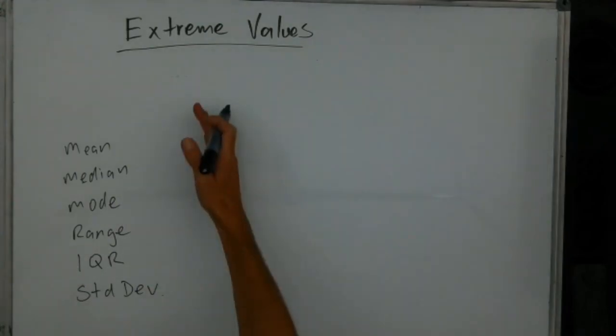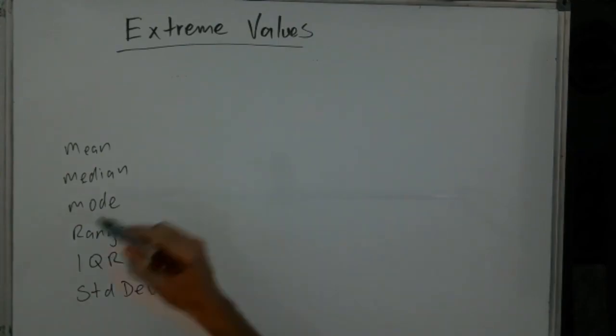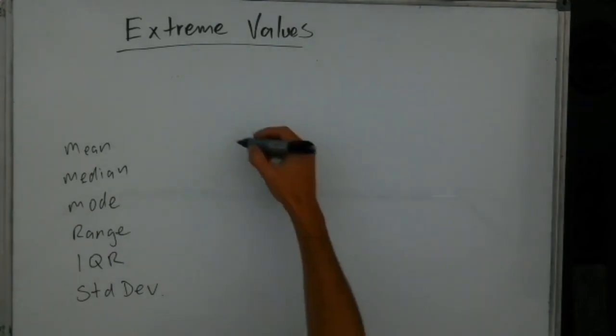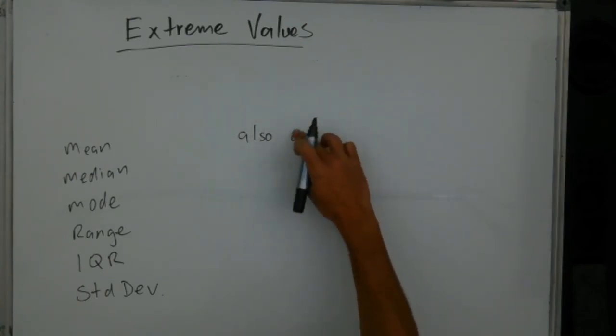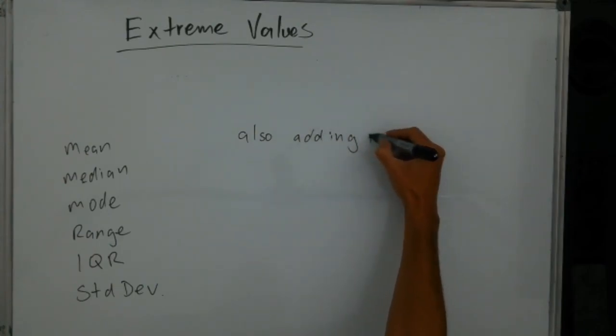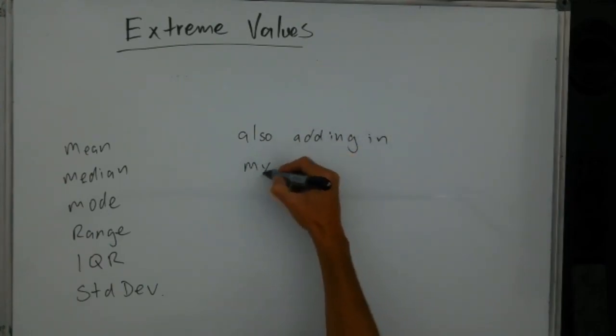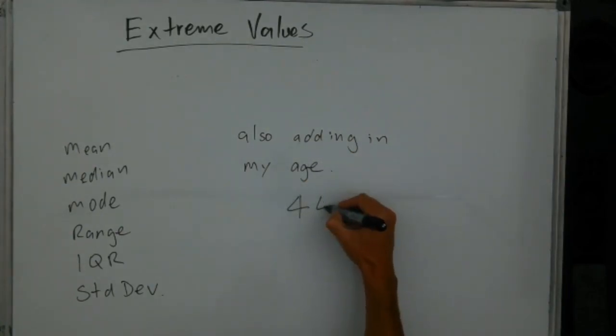And the idea is we want you to calculate all these things, and then we want you to recalculate, but also adding in my age. So that's your teacher. I'm 44.